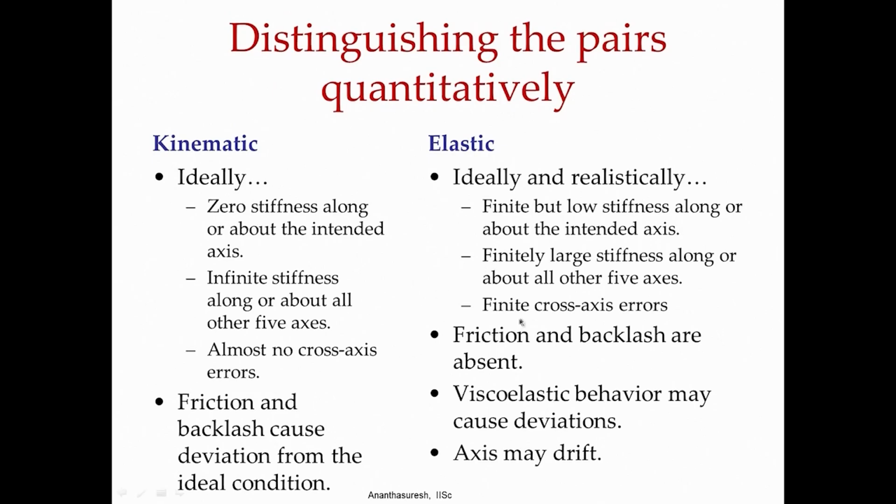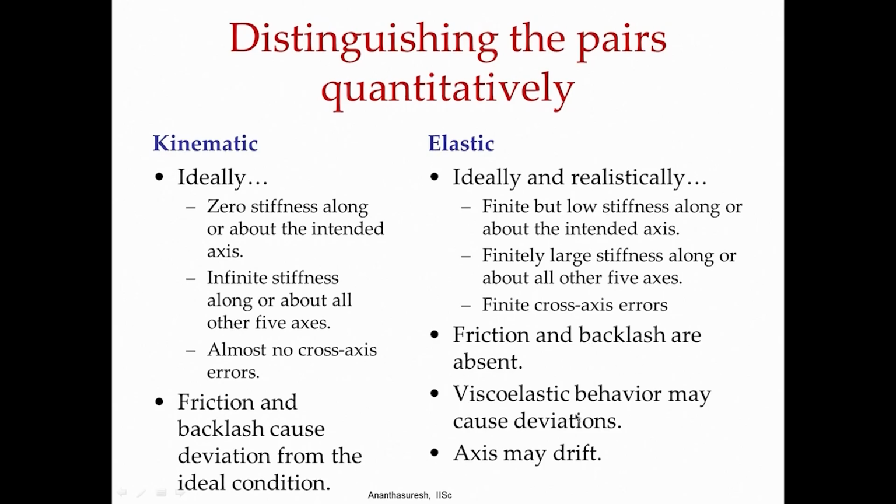And there will also be these cross axis errors, that is, if you move about x axis, there may be some movement about y and z axis also, either translations or rotations. Here the cross axis errors are usually very small or not present at all. Here we have friction and backlash, whereas for compliant mechanisms there is no friction, there is no backlash.